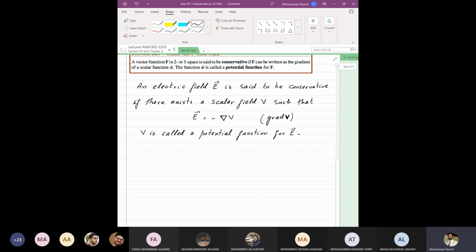And you know what the gradient is. How do we know that a vector field is conservative? That is a test for a vector field to be conservative.